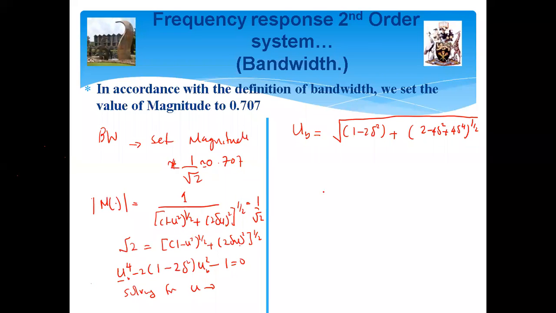So once you solve that, you'll have ub given by that, and we know what u is, so we substitute the whole of that into here.